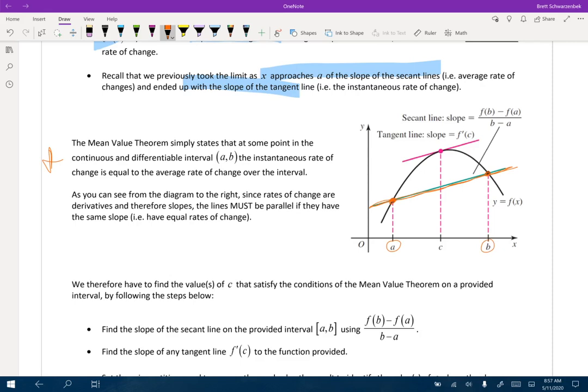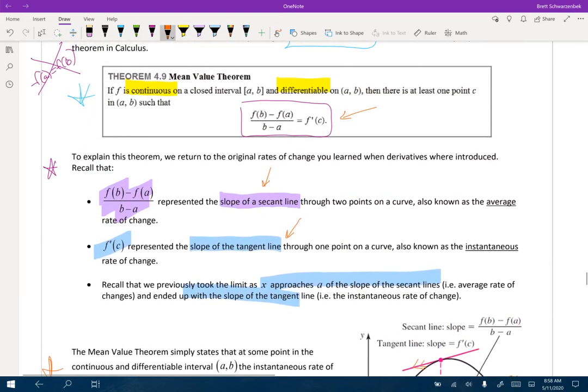So they tell you the interval, and you use those interval values to draw a secant line through them. What they're saying is, somewhere on this interval, there must be a tangent line to the curve that is parallel to the secant line that you drew. That is the key concept here. And if they're parallel, that means they have the same slope.